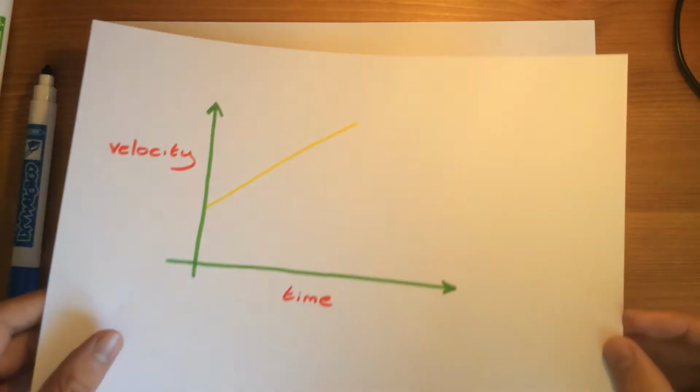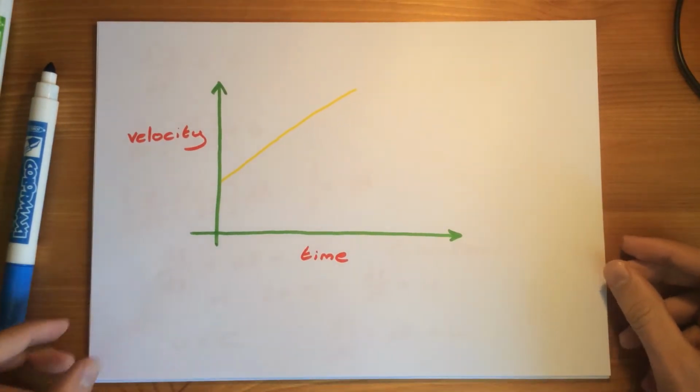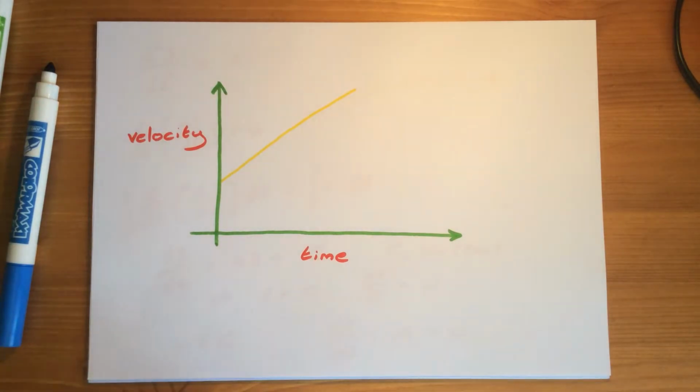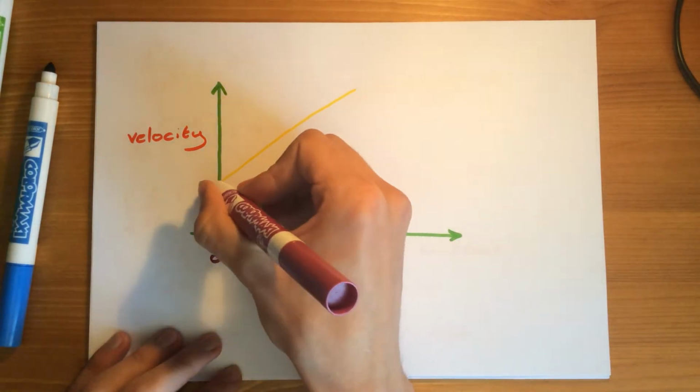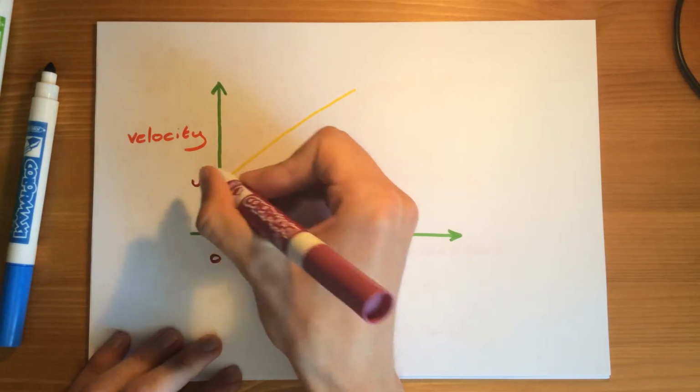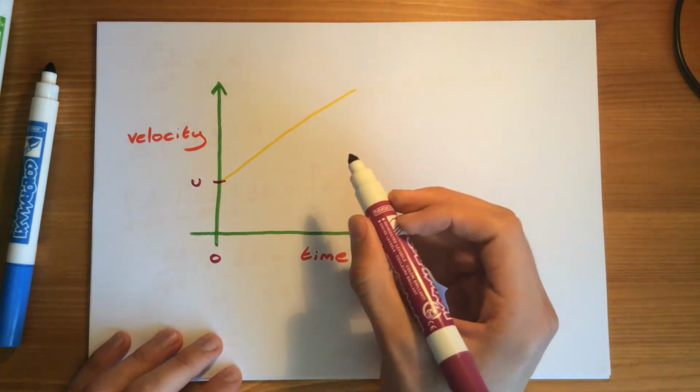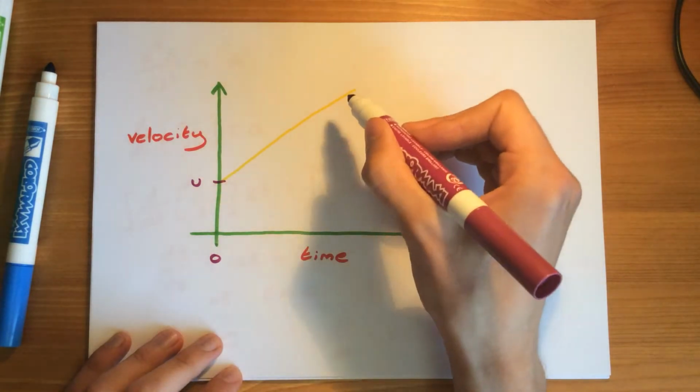I've got a little graph here to show why this should be quite intuitive, a velocity time graph. So I'll label a couple of things on. At time t is 0, this initial velocity is u, and the gradient is a constant.